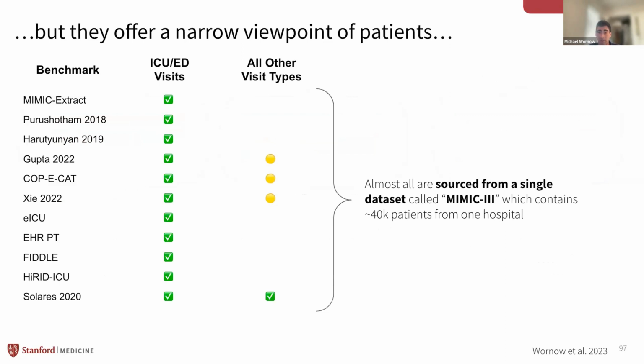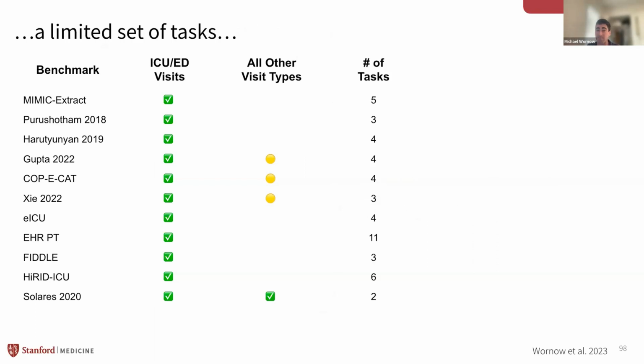It's called MIMIC-3. It's about 40,000 patients taken from a single hospital. And it's entirely focused on two departments, the ICU and the emergency department, which is a very narrow picture of the type of data a health system would have on a patient. Additionally, a lot of these benchmarks only evaluate on a handful of tasks, which makes it difficult to verify one of the main benefits of foundation models, which is task adaptation.